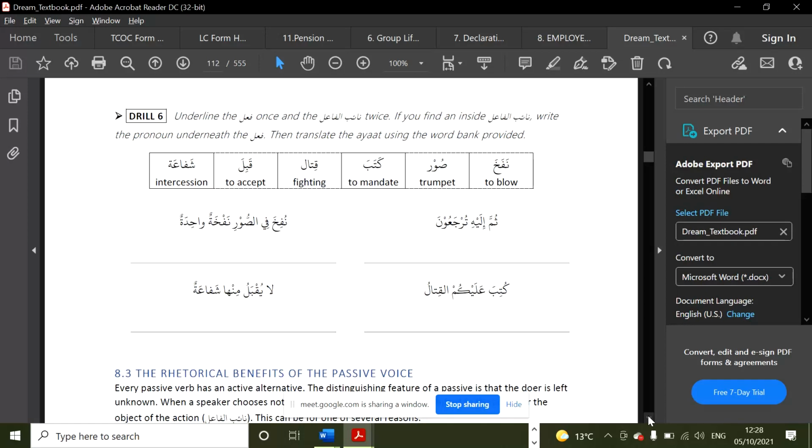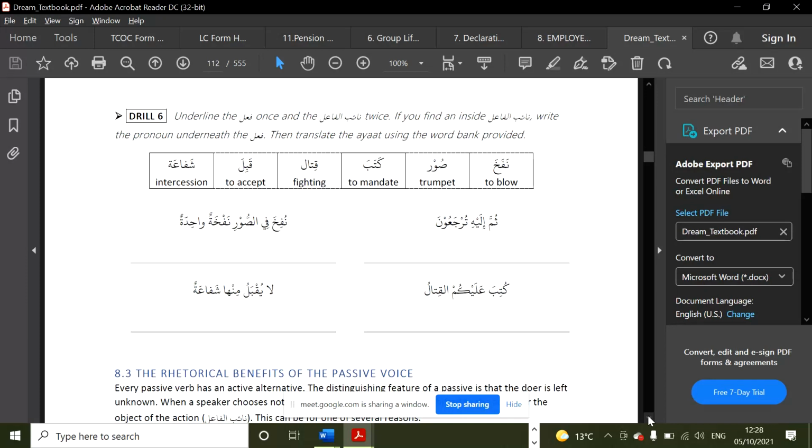So for madi mabni lil majhul, what sounds are we looking for? The first letter is dhamma, then the middle is kasra, and the last is left alone. Okay, it's not about middle or last. It's not always three letters.